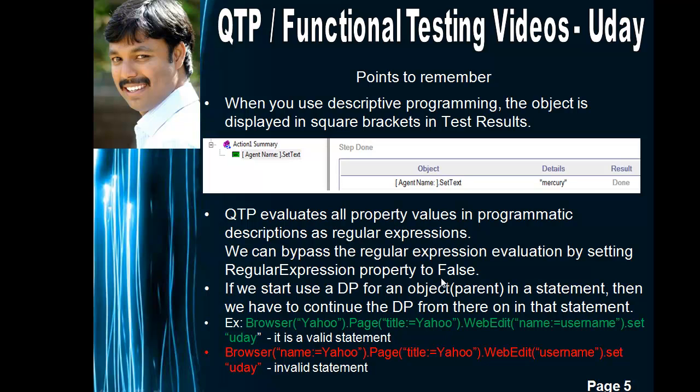There are some scenarios where you don't want to evaluate this as a regular expression. For that, you need to set the regular expression property to false. To explain more, say you did some bank transaction, and after the transaction it sends you a mail. You need to verify that account number. They don't give you the whole account number, right?